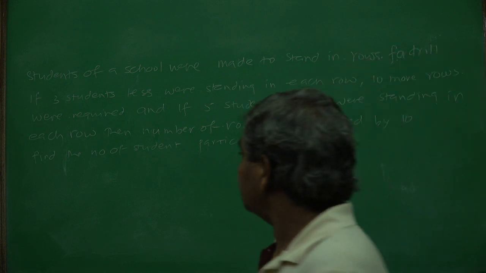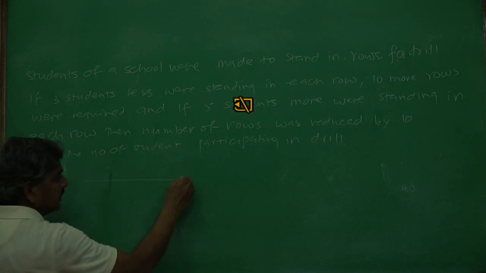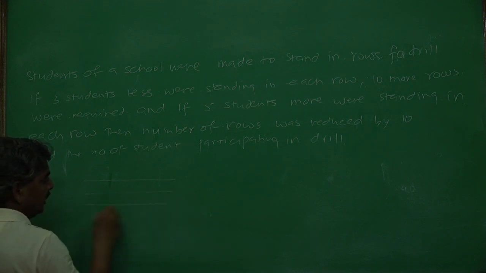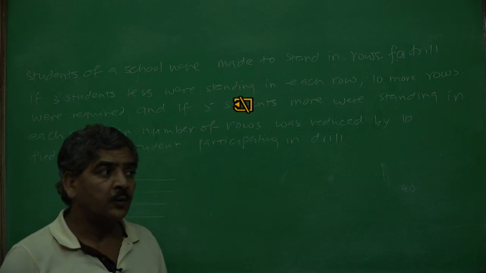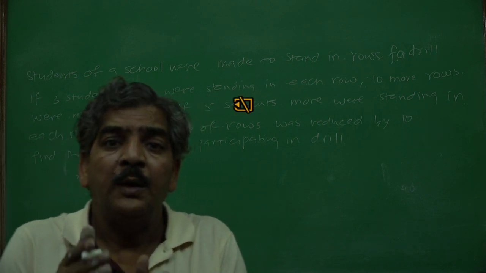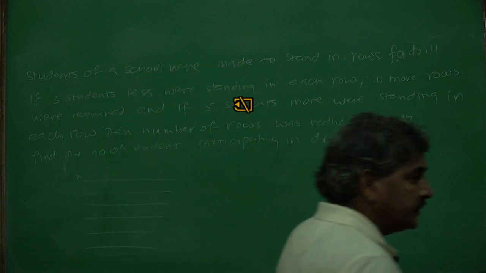See, suppose these are the rows. This is row number 1, row number 2, row number 3, row number 4, row number 5, and so on. So there are say X rows, and in each row the number of students standing is Y. Write down the statement.